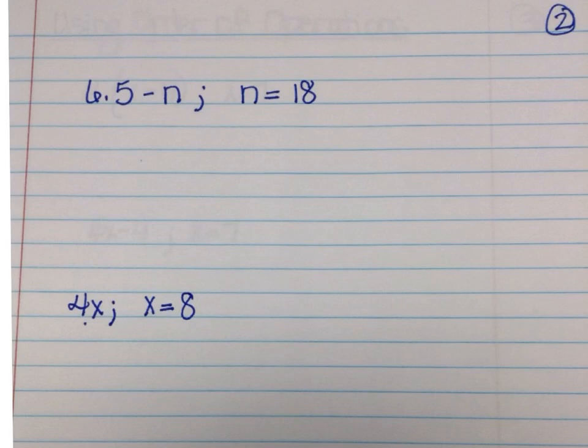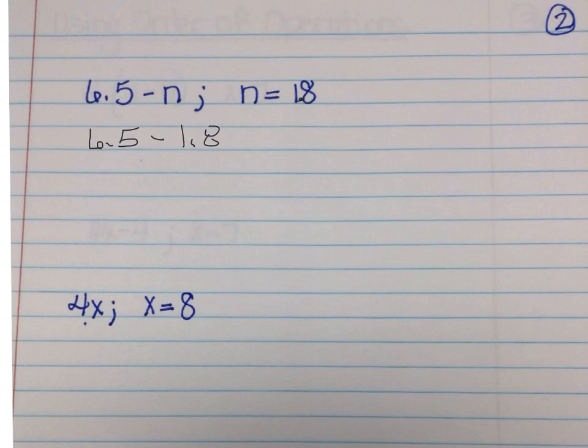Okay, some more examples. We have 6.5 minus n. So here's an example with decimals. And oh look, I forgot to put a decimal, but I will put it in when I solve it. So this is actually 6.5 minus 1.8. So that should be a point right here. Sorry guys, I forgot to put that in there.